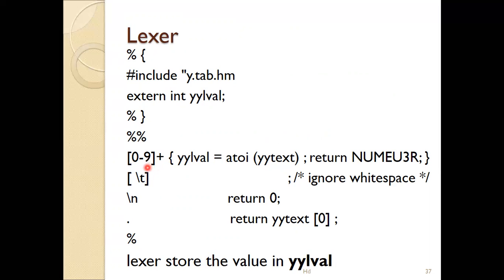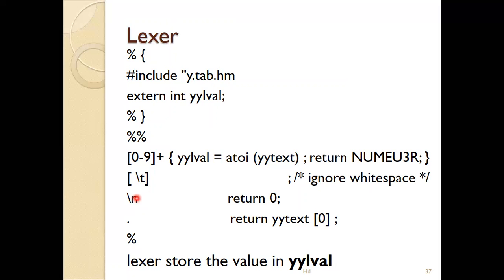Ignoring the white space is done using the regular expression \t. In the same way, if a newline character is present in the input, it just returns 0 and goes on to the next line. Any character other than newline, tab space, or numerical characters just returns 0.